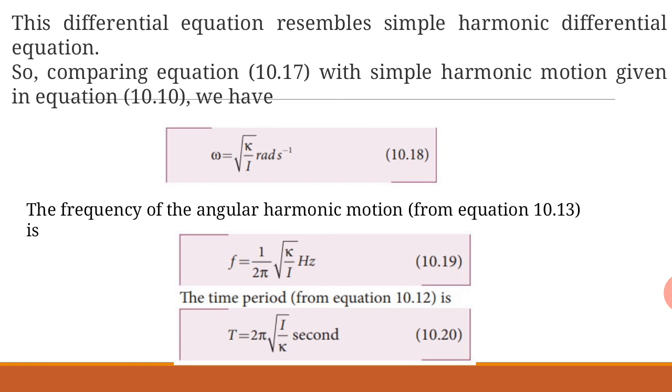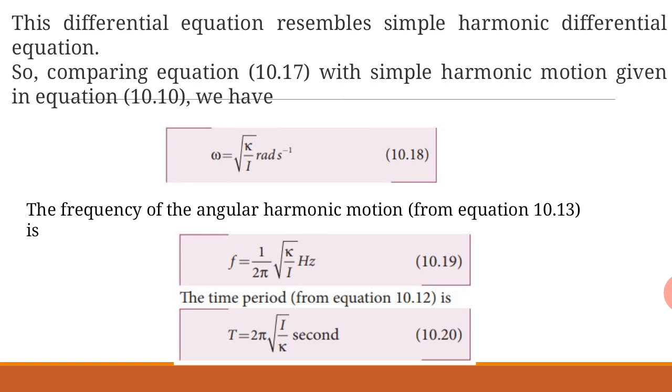So if we compare this equation with the simple harmonic differential equation, omega equals the square root of k by I. In linear simple harmonic motion, omega was the square root of k by m, but here it is k by I.